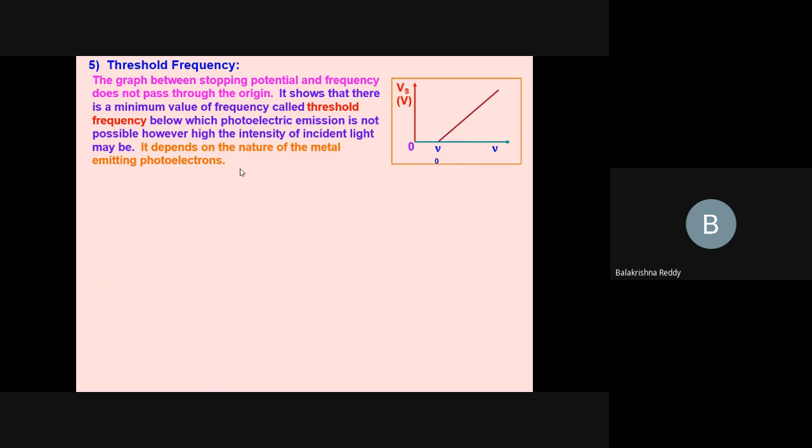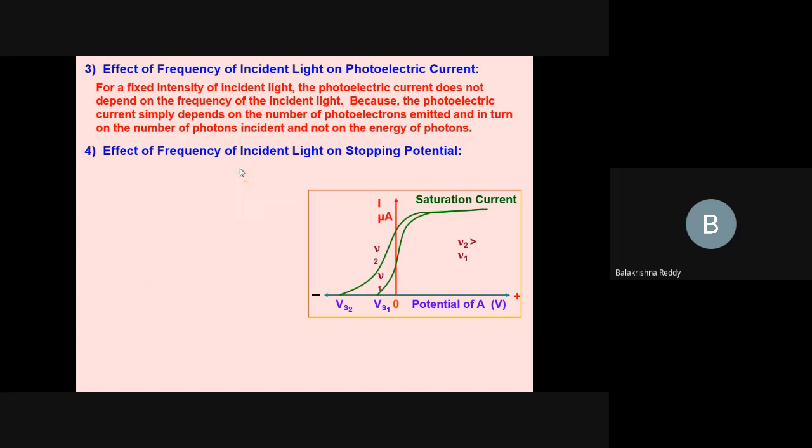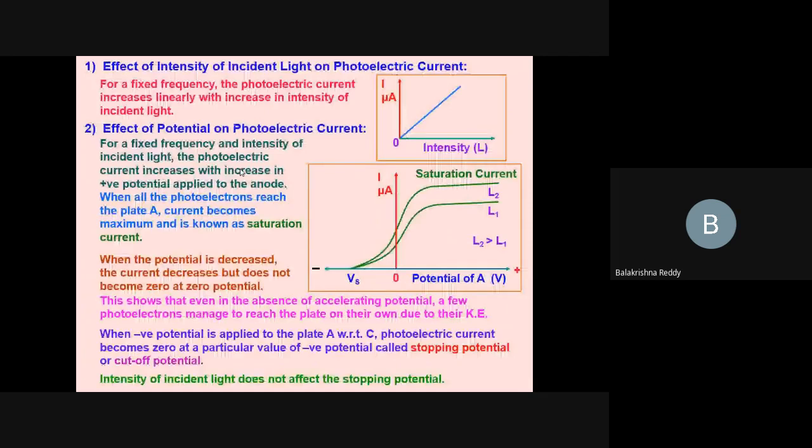One is threshold frequency with respect to the stopping potential. The other is the effect of frequency of light with respect to stopping potential. One more thing, the photoelectric current is independent of the frequency of the incident light. And the second thing, the effect of potential on photoelectric current when frequency and intensity of incident light are constant.